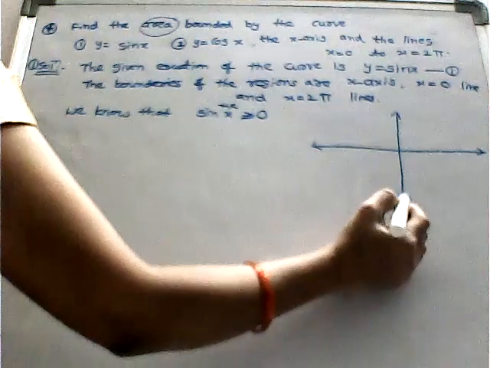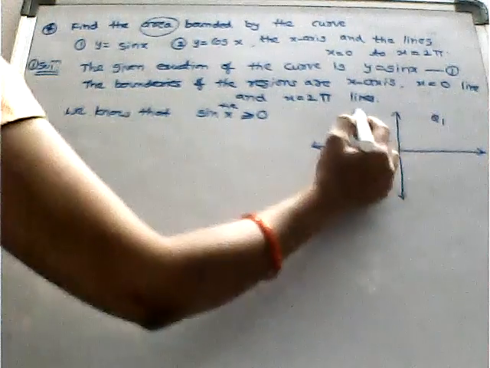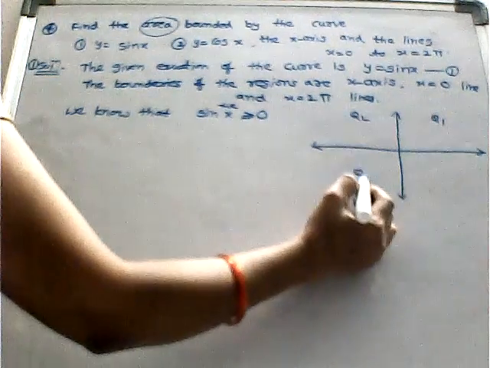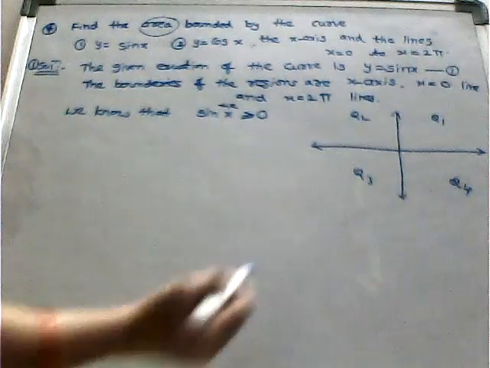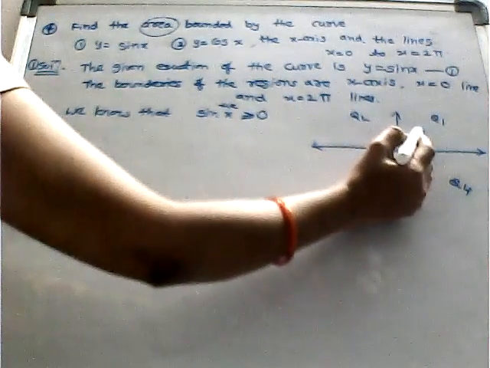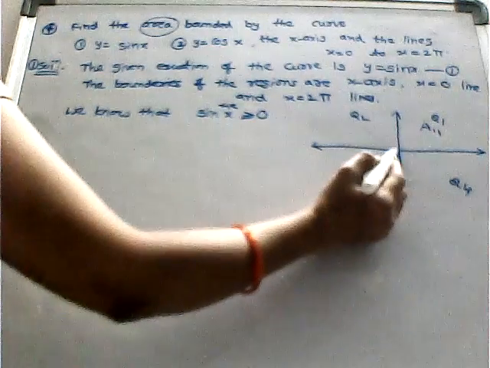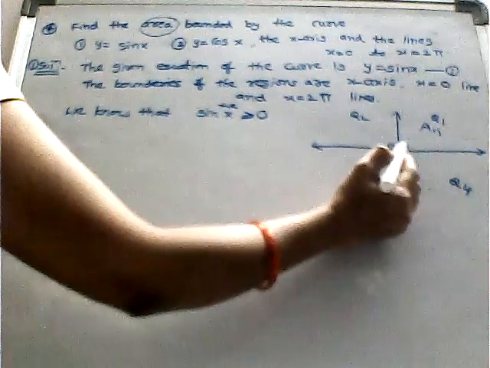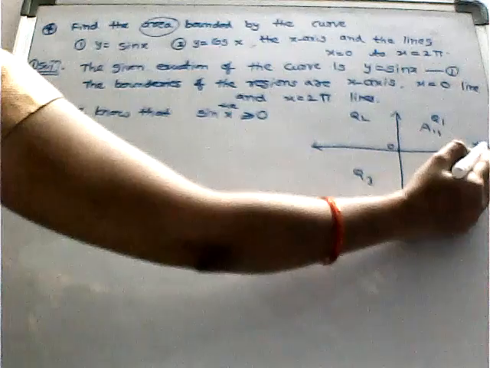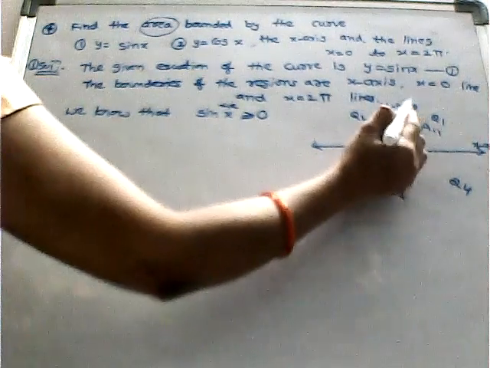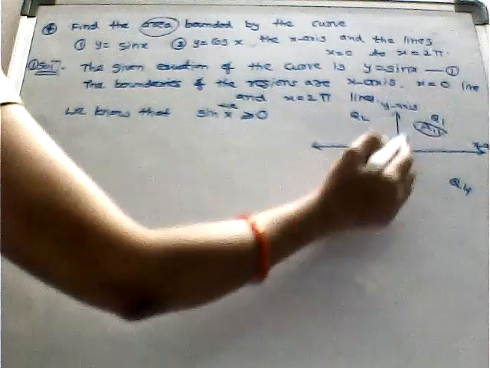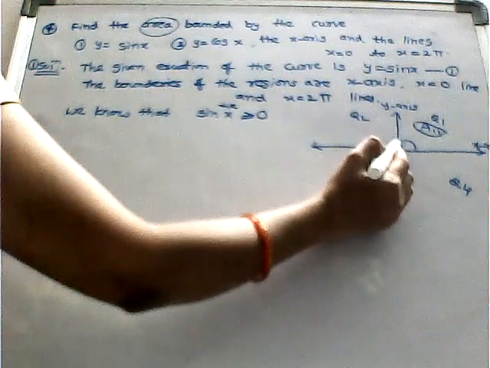Q1 quadrant, Q2 quadrant, Q3 quadrant, Q4 quadrant. Here in the Q1 quadrant, all functions are positive. This is origin O, this is the x-axis, this is the y-axis.